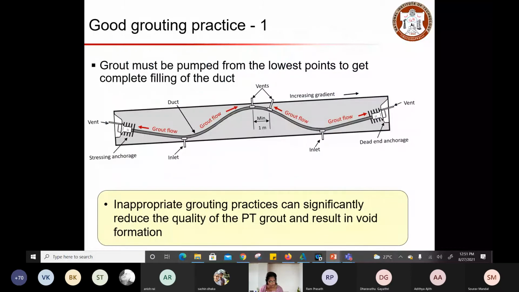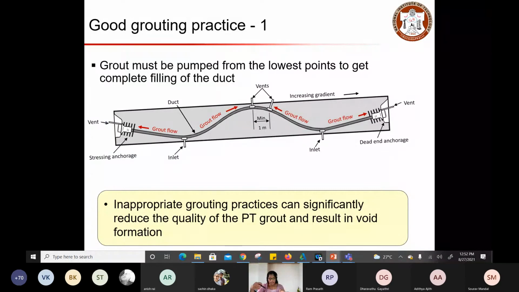So how to do good grouting? The practice is that the grout can be pumped from the lowest point to the highest point. Typically, when you do it the other way, pumping from the highest point to the lowest point, it is going to flow, but you don't know whether the upper part of your structure is filled properly or not. There will not be any check to ensure complete fullness between the duct and strands.